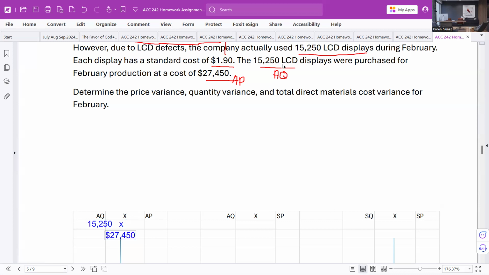So 15,250 displays were purchased at a cost of 27,450. If we want to know what the actual price is, well, we can figure it out, right? If we take 27,450 divided by the 15,250 that were purchased, then the actual price is $1.80.